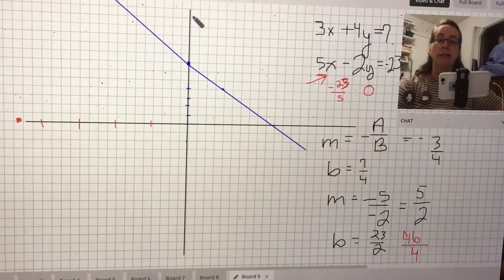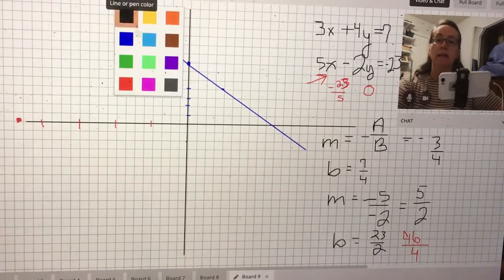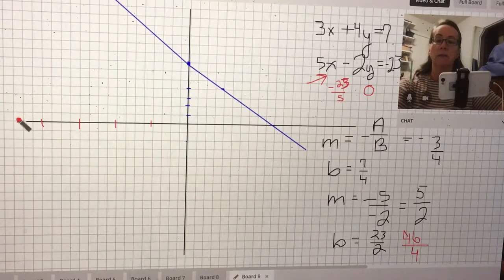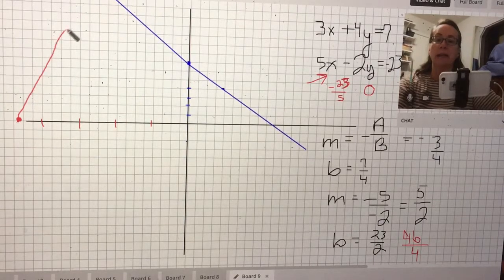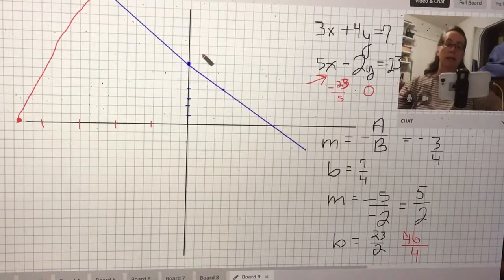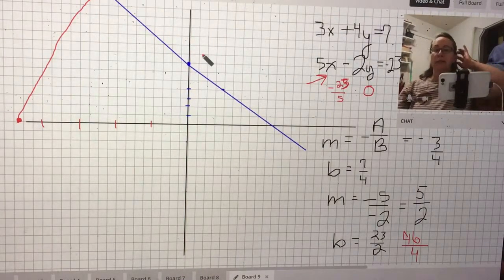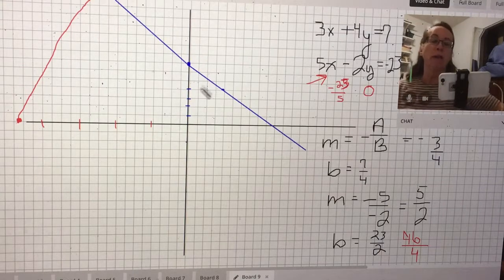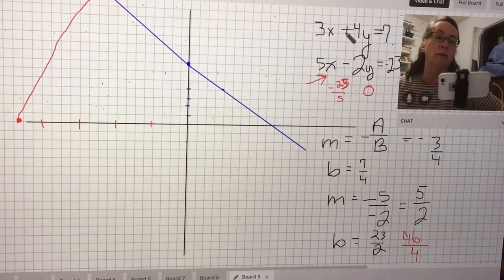But can you see that since this y-intercept is way up here somewhere, and this other one has a point way over here, that this red line is going to have to go somewhere up here and intersect way up there somewhere with this blue line. Okay, so this one is not a very friendly one to do by graphing.